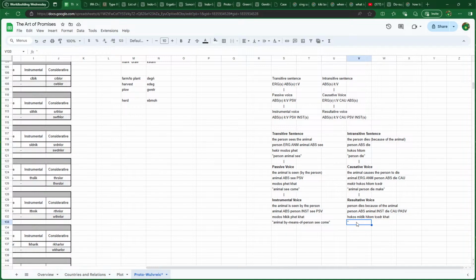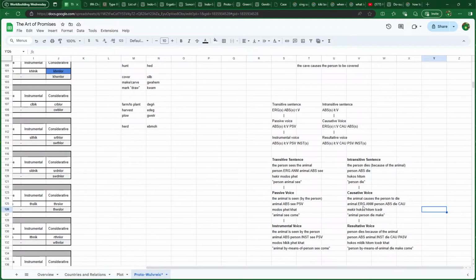So this literally means person by means of animal, die, make. And there we go. We've got 6 flavors of sentence. This is so wild.